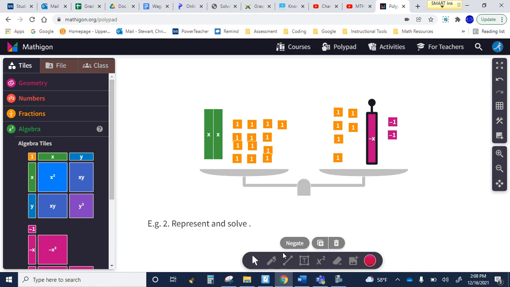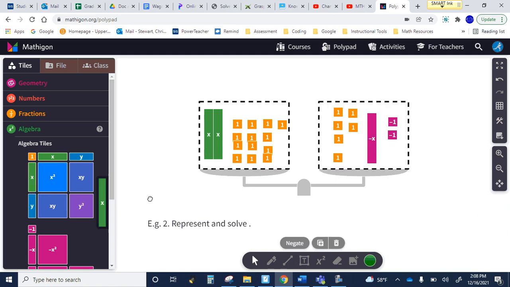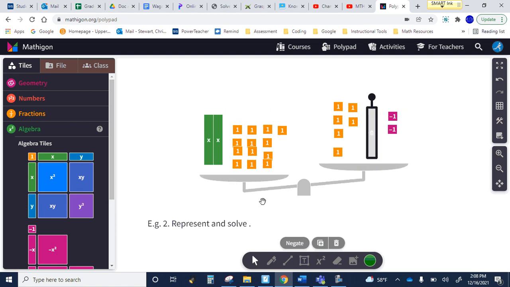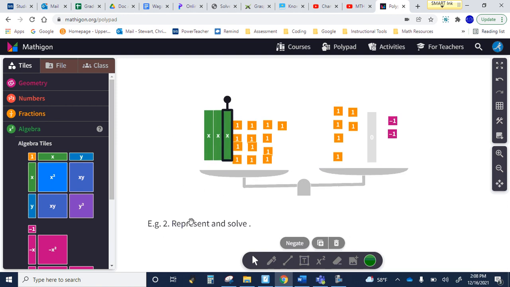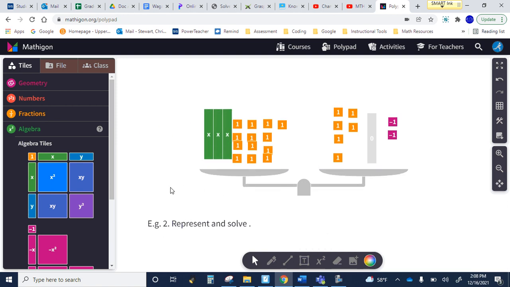What I'd like for us to do is to remove that negative x tile from the right side, so we can create a zero pair here. And then what you do to one side, we must do to the other to restore balance. So we removed the x term from one side of the equation, brought it to the left, where we have positive x terms. So now these unit tiles.